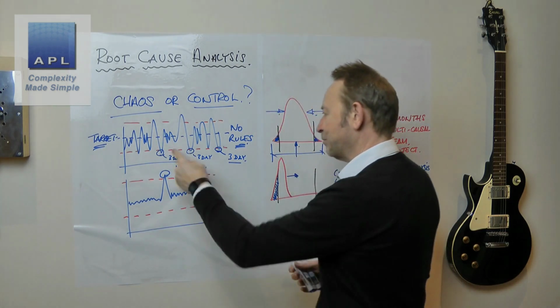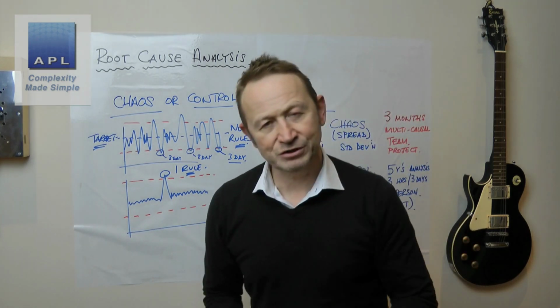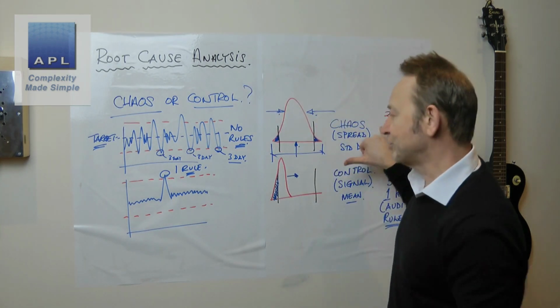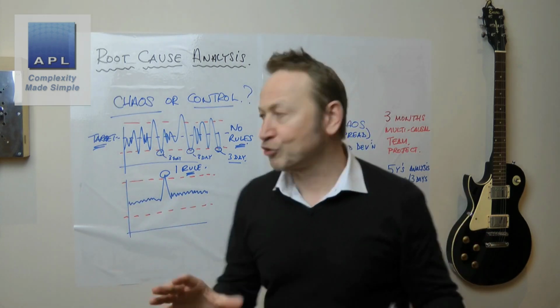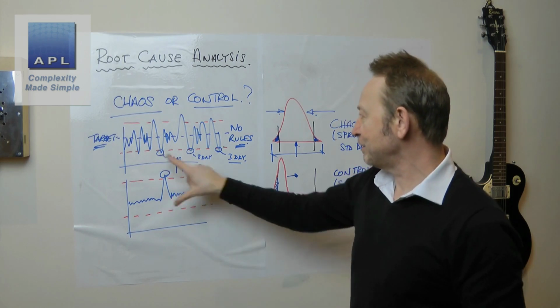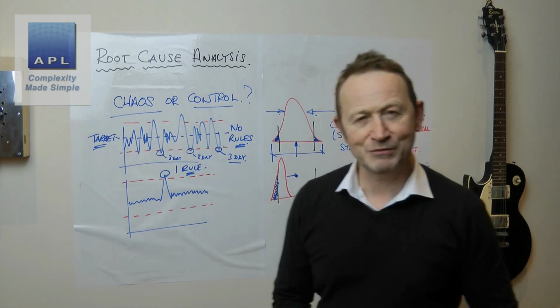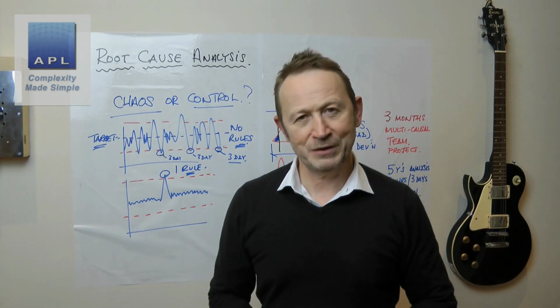The problem keeps coming back again and again, because they don't understand the problem's going to take 3 months and it's multi-causal. That piece of knowledge is crucial. If you keep spending 3 days when you should be spending 3 months, you'll never fix the problem, and the problem will just keep repeating.